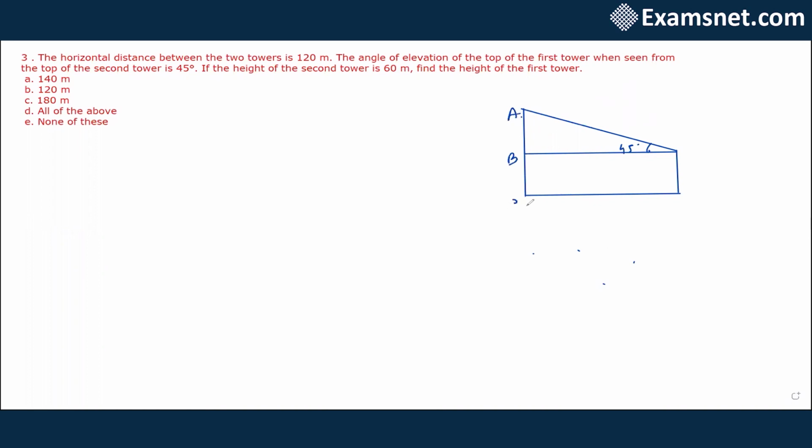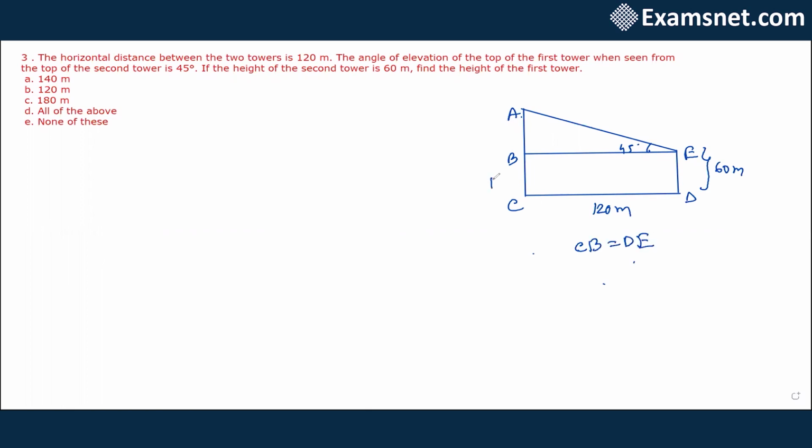Okay, now label the points A, B, C, D, E. The distance between these two towers is 120 meters. So the length of CD is 120 meter. The height of ED is 60 meter. From the diagram, we can see that CB equals DE.